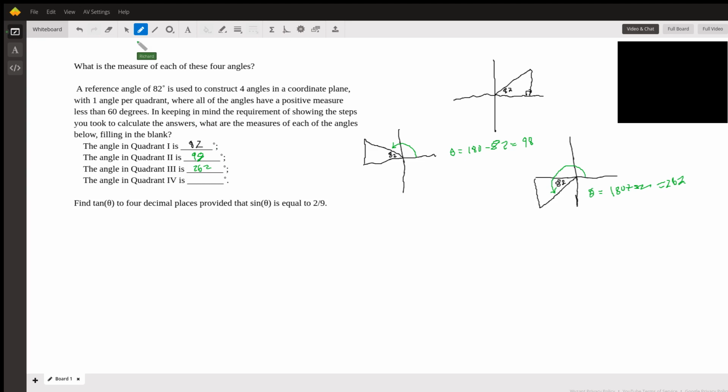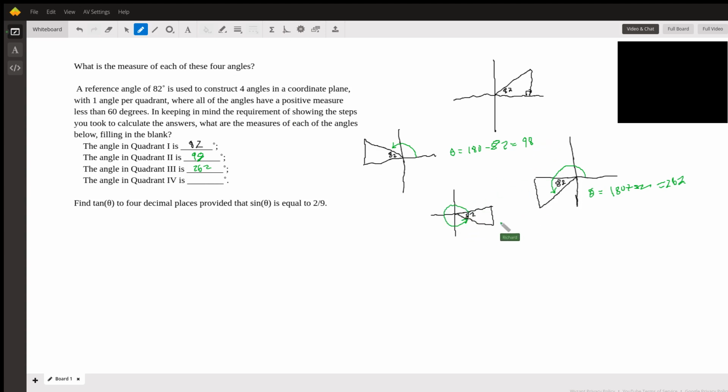And the last one, when we're in the fourth quadrant and the reference angle is 82, it looks like this. And the angle itself is all the way around to here.